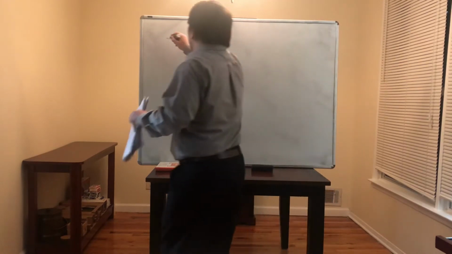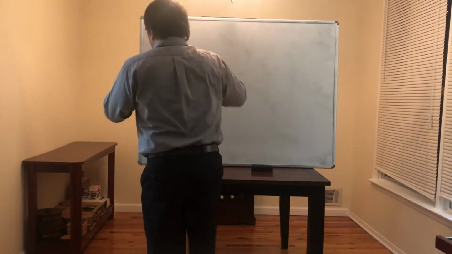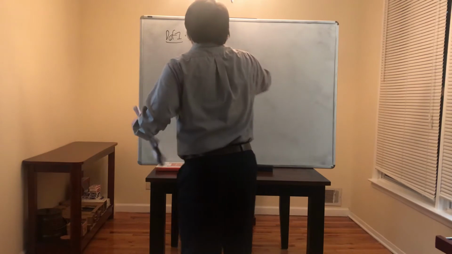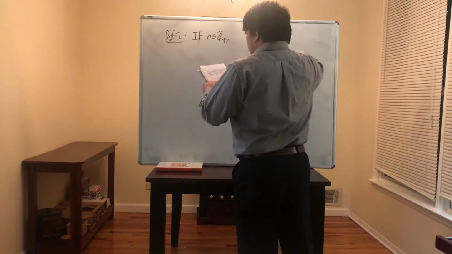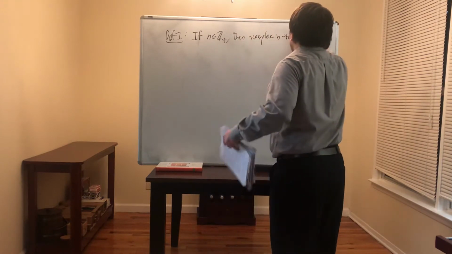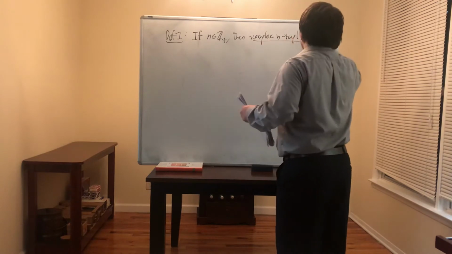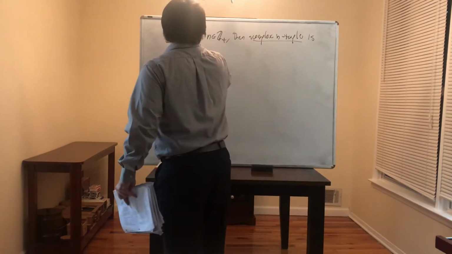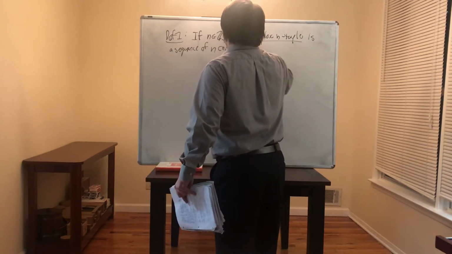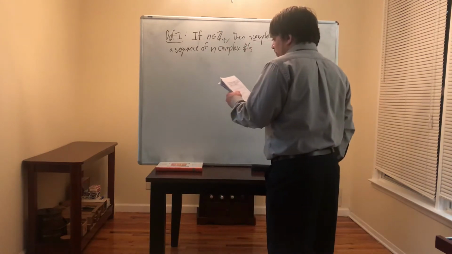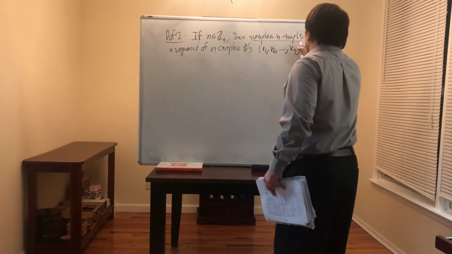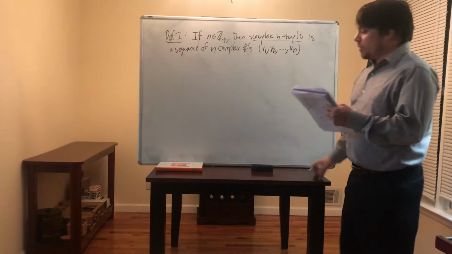Okay, definition 1. If n is a positive integer, then a complex n-tuple is a sequence of n complex numbers v1, v2, through vn, where each of the v's from v1 to vn are complex numbers.